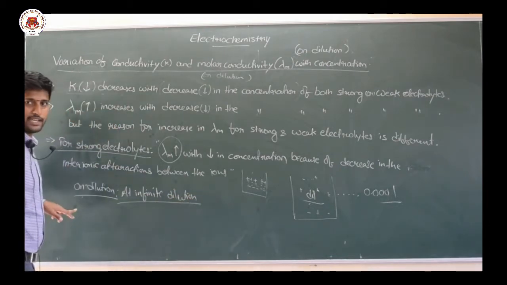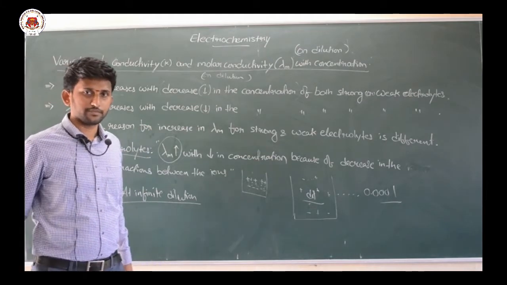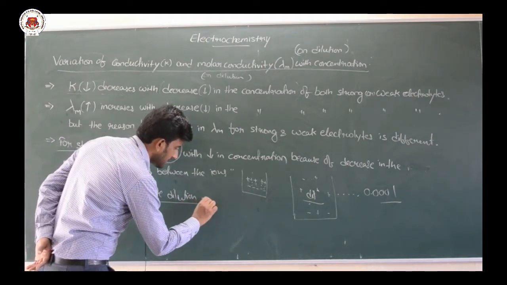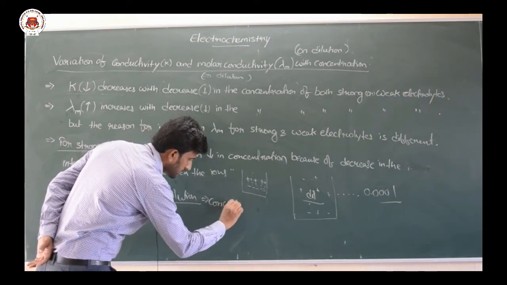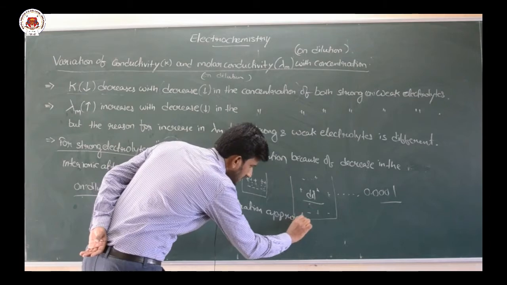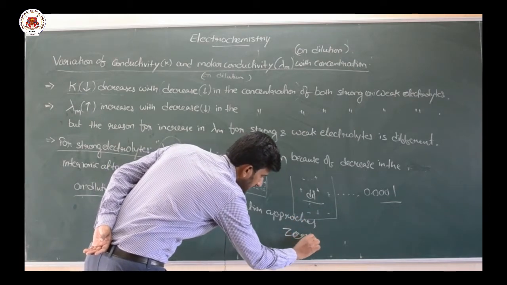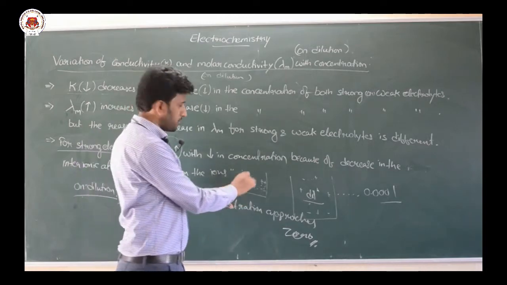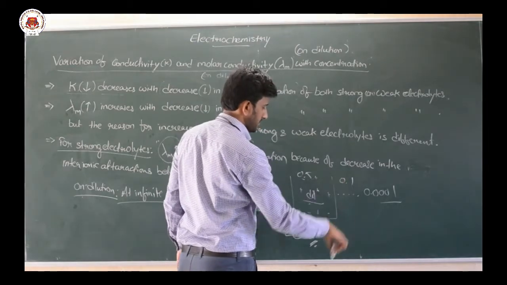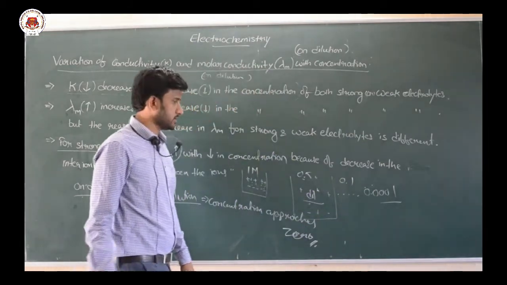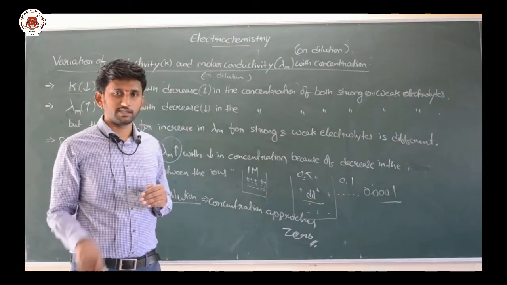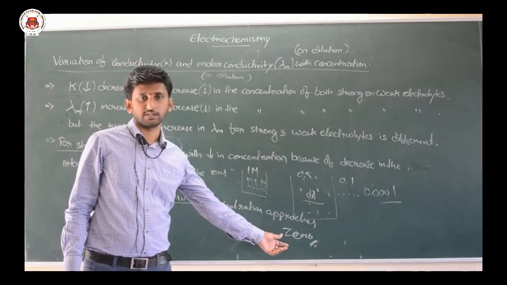Means excess dilution, you are adding more and more water to that. At infinite dilution, what is happening to the concentration? Concentration approaches 0, right or not? Initially 1 molar, next it is 0.5 molar, next it is 0.1, next it will be 0.001, and so on. So if I keep on adding the water, it will keep on decreasing concentration and it approaches near 0 concentration.